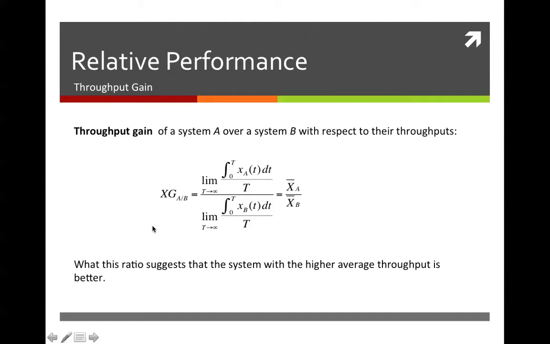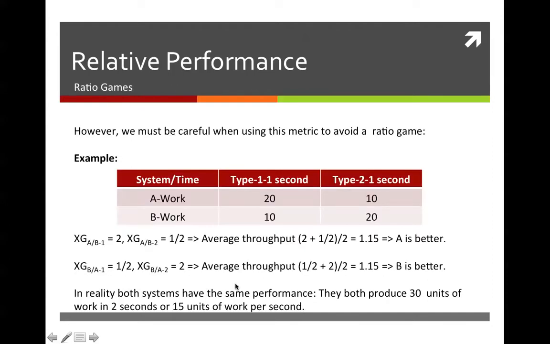So the only thing that you have to be careful about here, as I talked about in class, is the so-called ratio gain. And the ratio gain that is illustrated here is as follows. So we have two systems, system A and system B, and they work for 1 second for each type of work they work on, type 1 work and type 2 work.